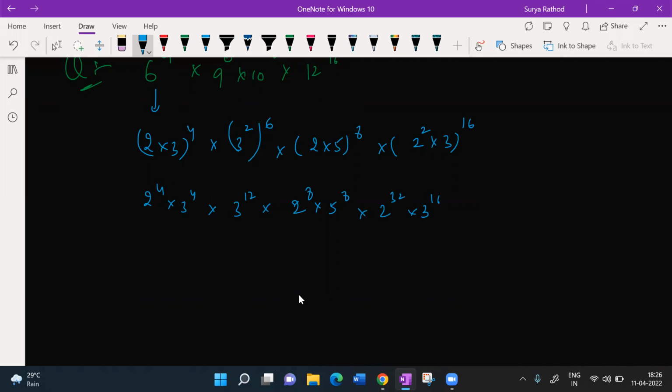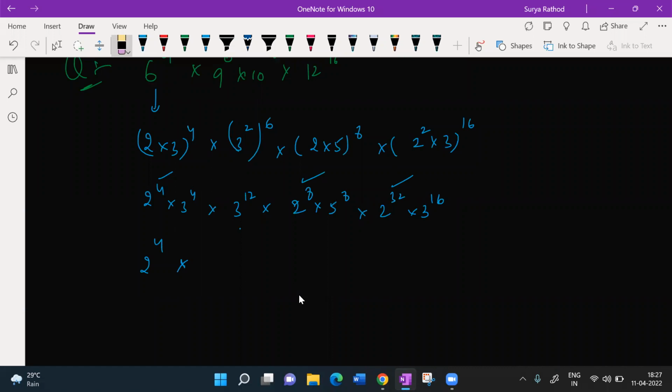Next, what can we do here? Very simple. Add all the exponents. Adding the exponents: 16, 48, and how much here?